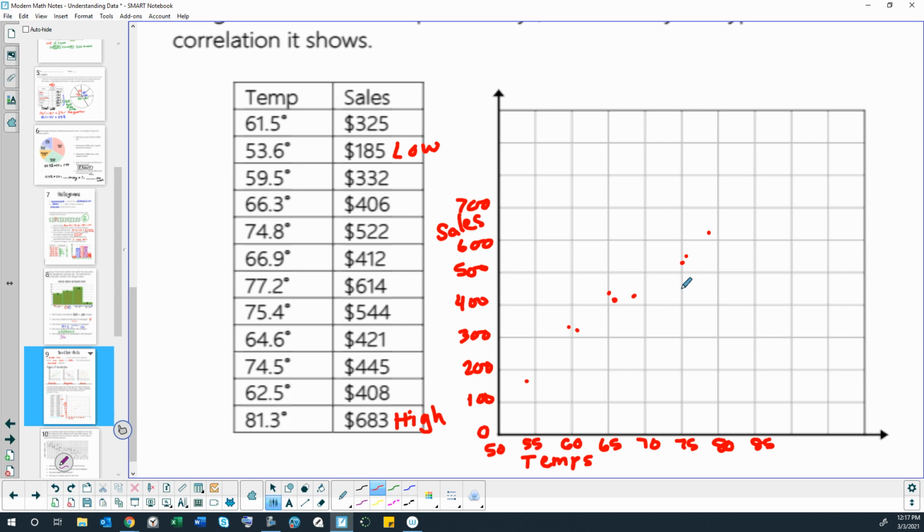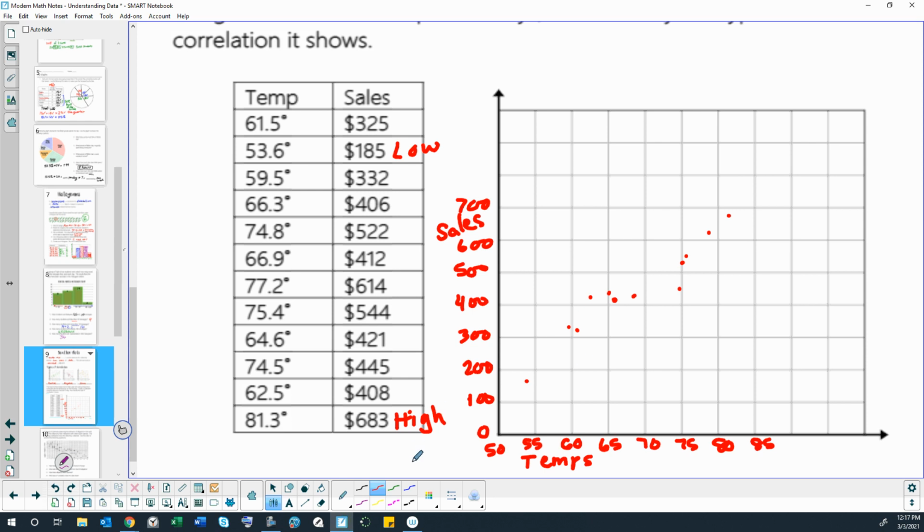That one had fewer sales down here at 445. And then 62.5 went up to 408. And then 81.3 was at 683.